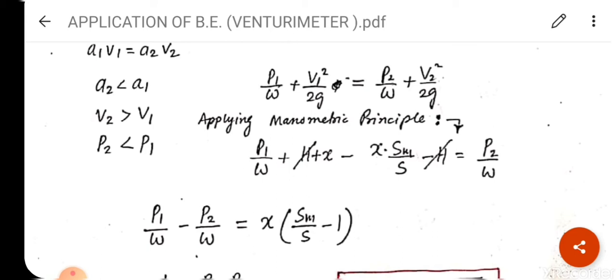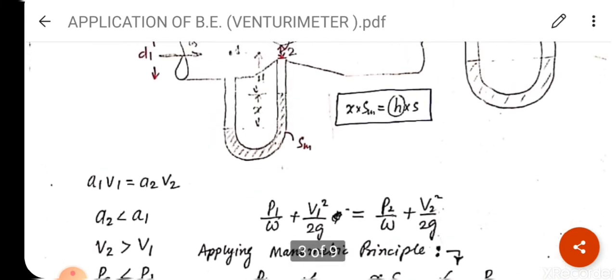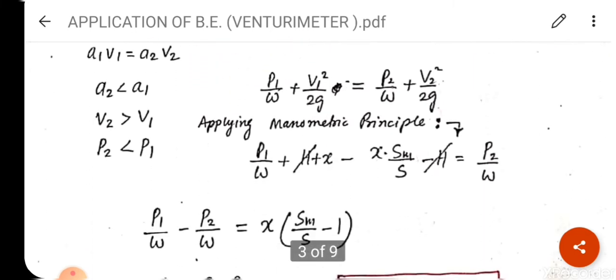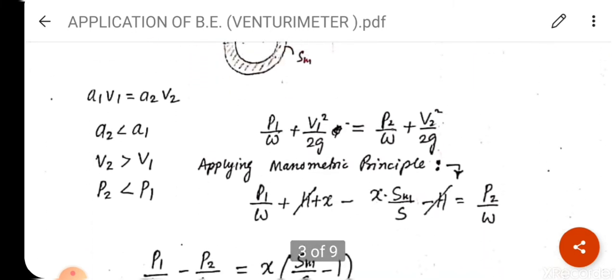Minus, see the diagram again. Minus, where are we moving? In upward direction. The jumping of fluid technique or datum line technique, both techniques are used for the manometric principle. So from point 1 to 2 means that mercury. So this is the mercury head or mercury height.